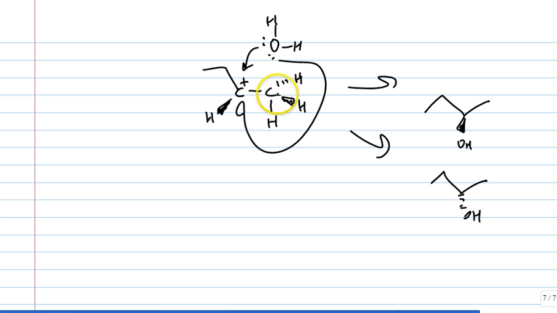Second carbon over. But you get the idea. So that one is racemic. It's going to be racemic, exactly. Does that make sense why? Okay.